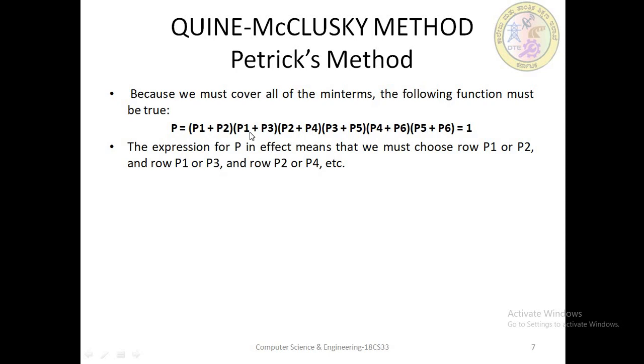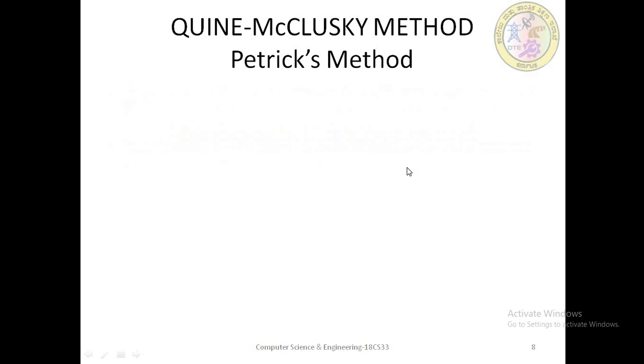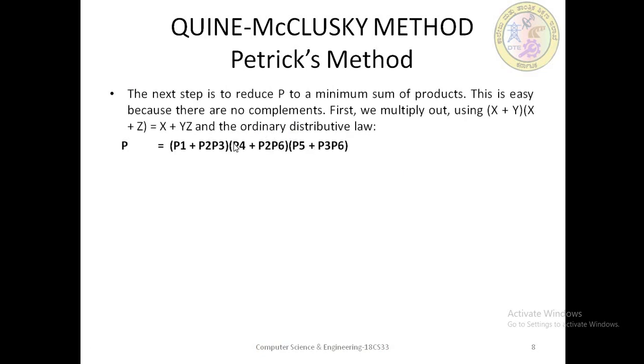Hope you are getting it. So we are taking out P1: P1 plus P2, P3. In these two terms we are taking P4: P4 plus P2, P6. In this one we are taking P5: P5 plus P3, P6. The same has been written here. So we are trying to take a common term.